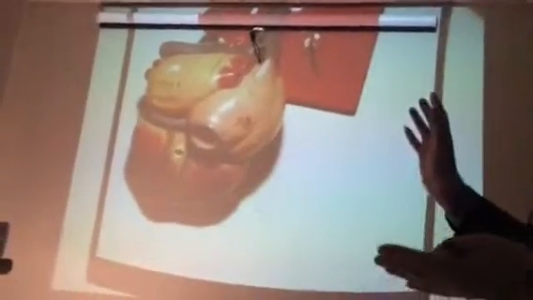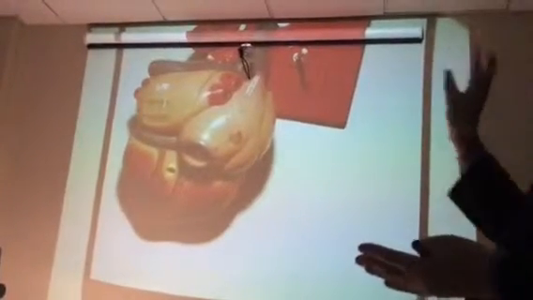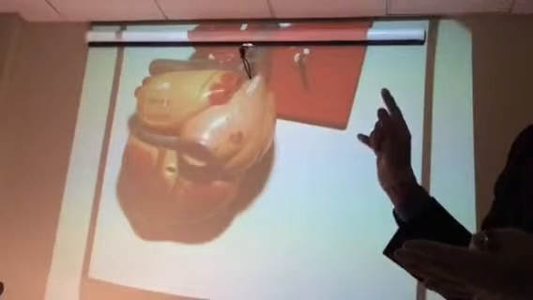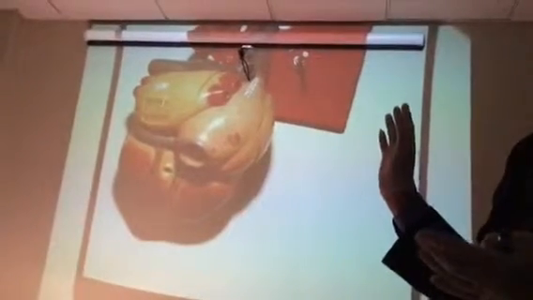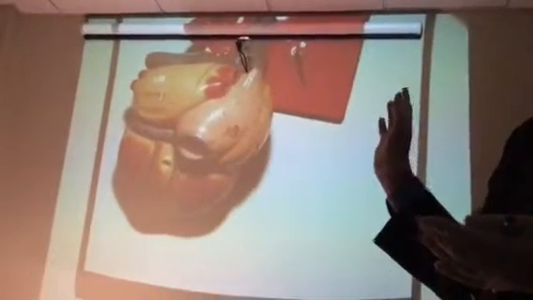Here, this is the pulmonary vein, which is carrying blood from the lungs to the heart. Although it is known as a vein, it contains purified or oxygenated blood, because in the lungs it is oxygenated and then it brings it.